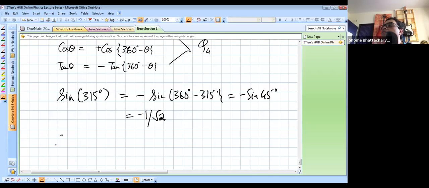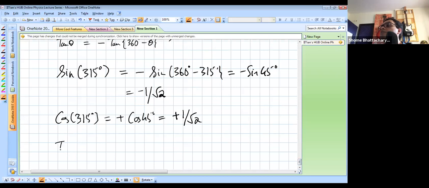Similarly, cos of 315, when you work out by the same steps now, you will see it will actually become plus of cos 45. So that will be plus of 1 by root 2.